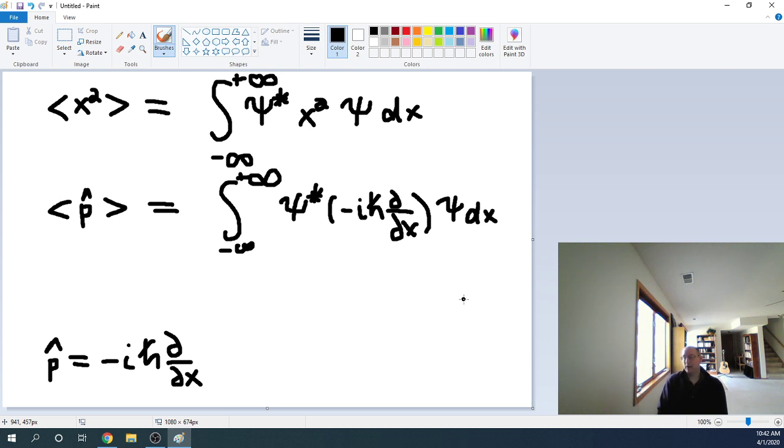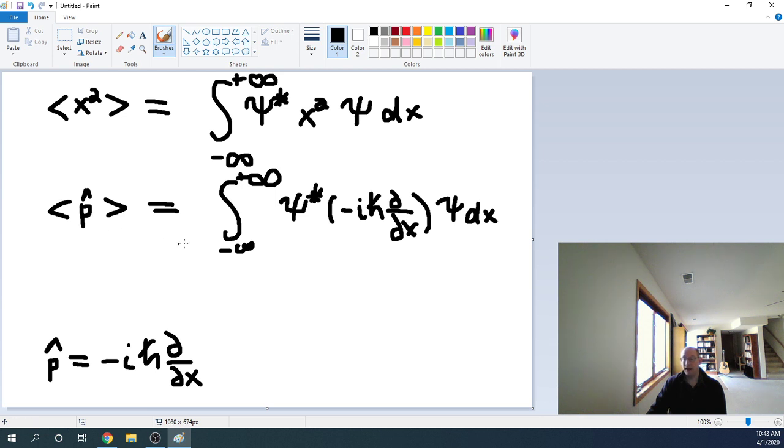Okay. So what this is actually telling us to do is take this derivative of psi. I'm going to take negative i times h bar times the derivative of psi with respect to x, then multiply that times the wave function's complex conjugate, not differentiated, and then that whole quantity, our new integrand, is what I'm going to integrate from minus infinity to plus infinity.